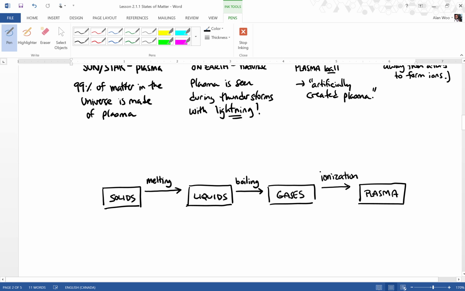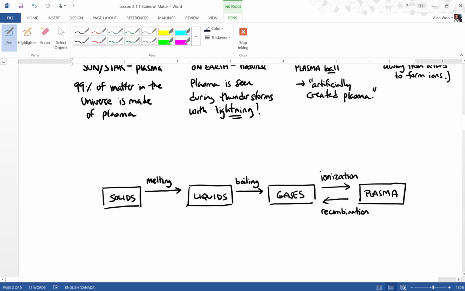Okay. And if we can go one way, we can definitely come back the other way. So going from plasma to gases, this is called recombination. Okay. Doesn't happen that often, at least not on planet Earth, and not so much in the universe either.